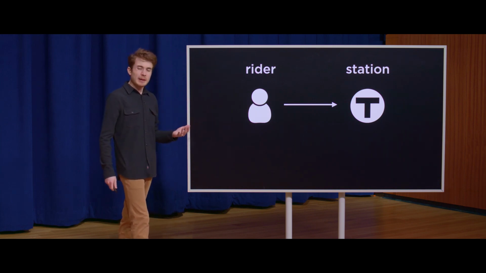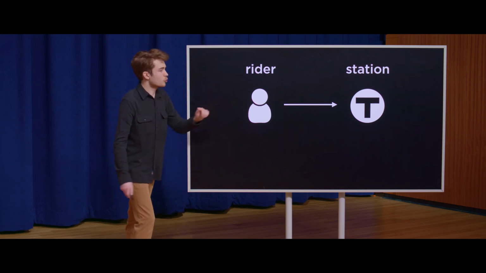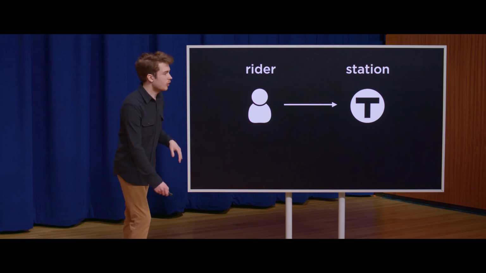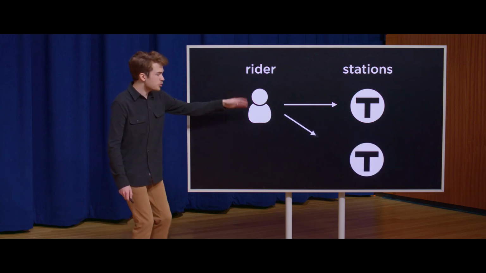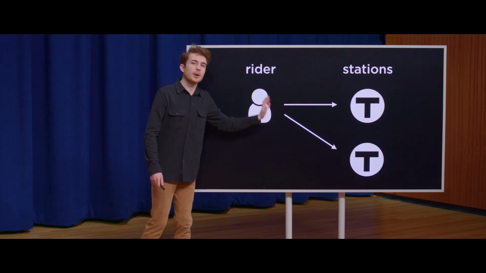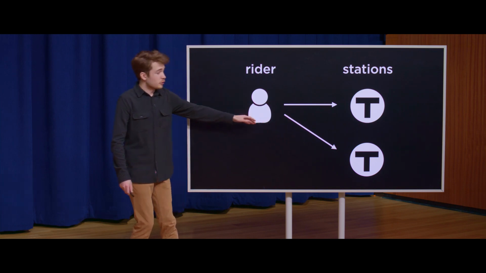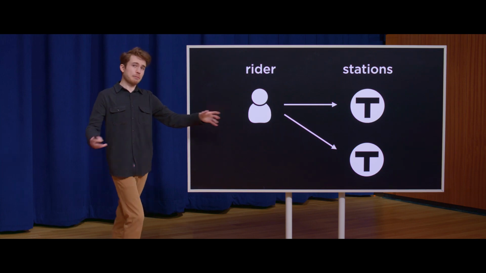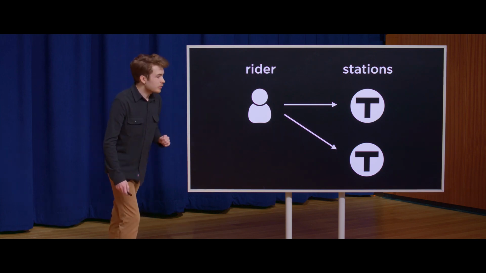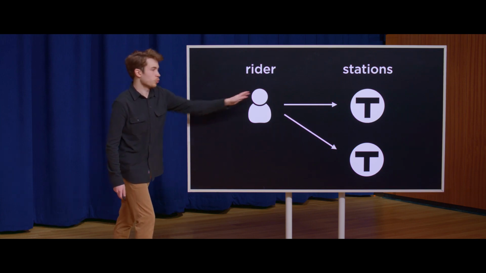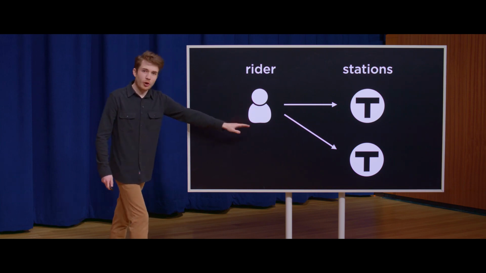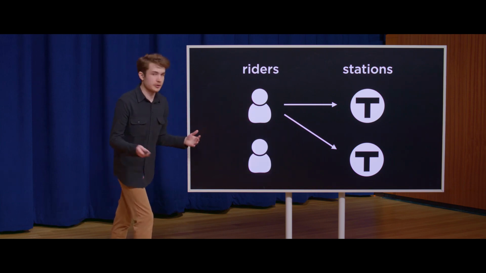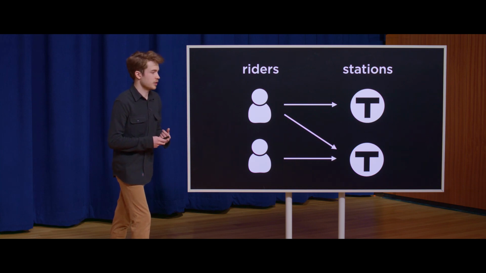But of course, that might not be the full picture. A rider also gets off at some station later on. So a rider could be associated with not just one station, but multiple. And if you're familiar with any subway system, really the Boston one too, it can often get pretty busy. So riders might not just go to one station or two. Stations could also have multiple riders on a particular station here.